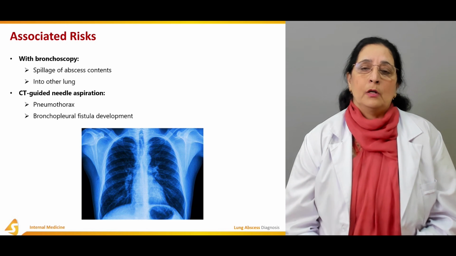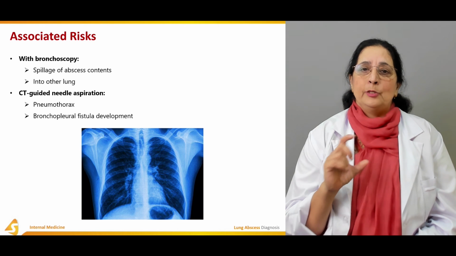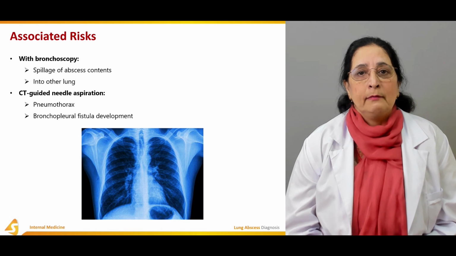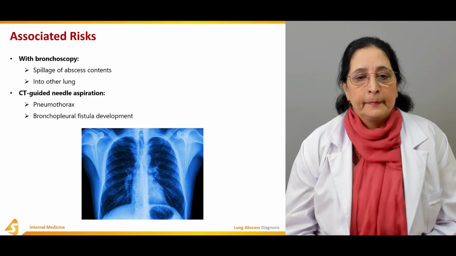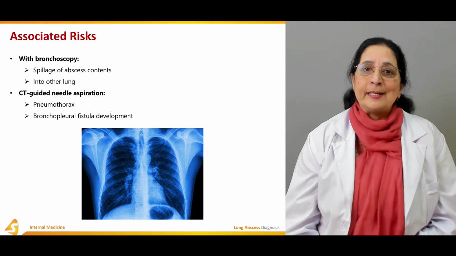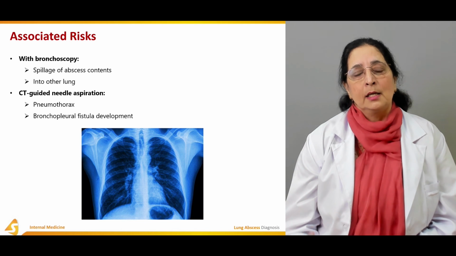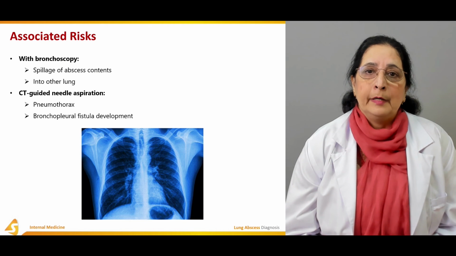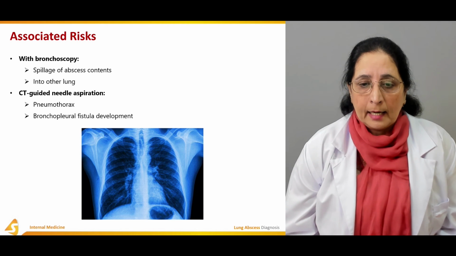A bronchopleural fistula can also develop, a fistula between the bronchi and the pleura, as a result of the needle aspiration. So these are some associated risks with the diagnostic procedures that can be performed for primary and secondary lung abscess.